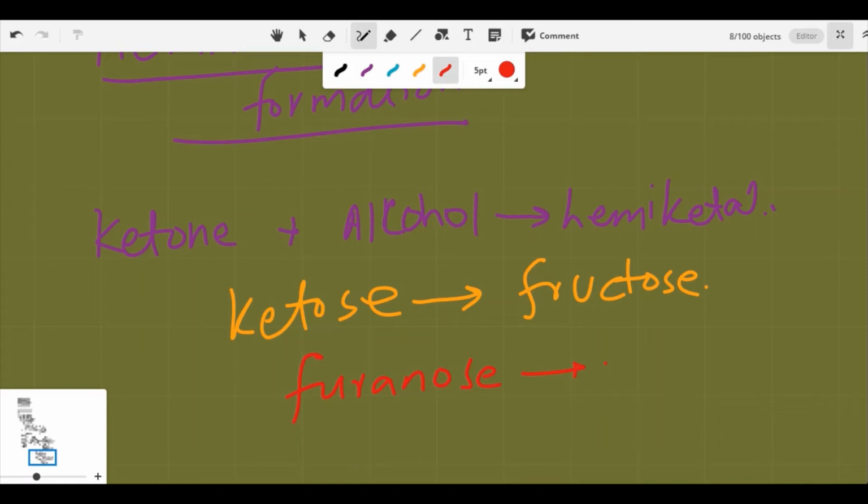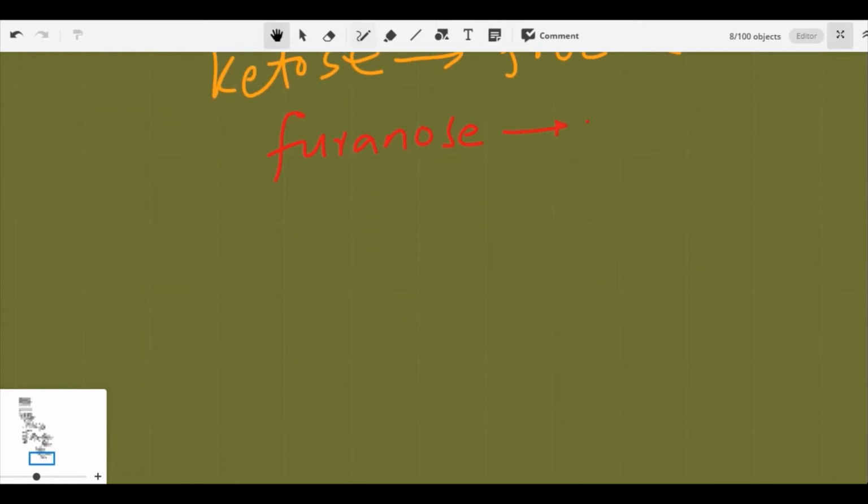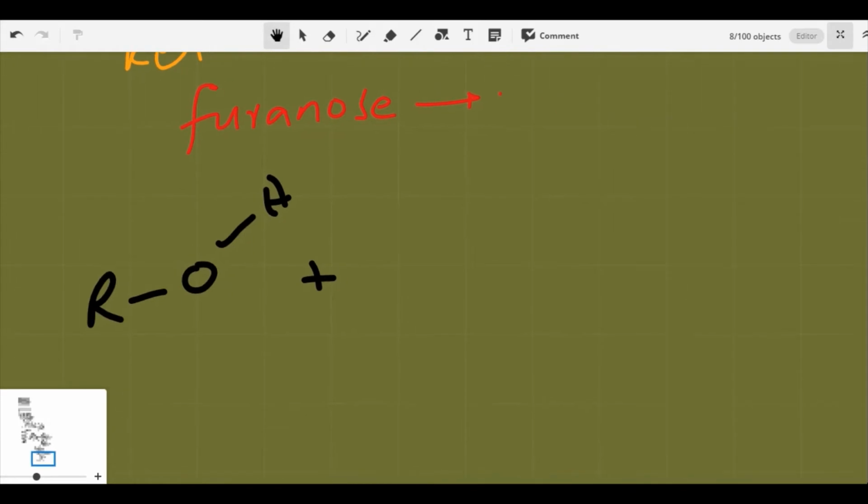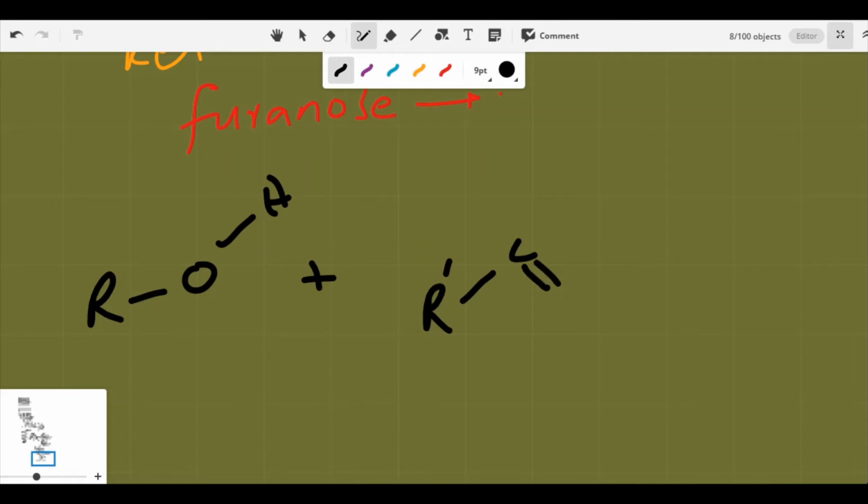Okay, so the same is happening here like we already did. I am going to make the alcohol structure, or OH, react with the ketone, that is R', or here I am going to represent with R prime carbon, and here is R double prime.